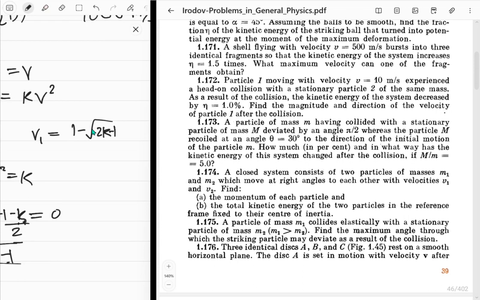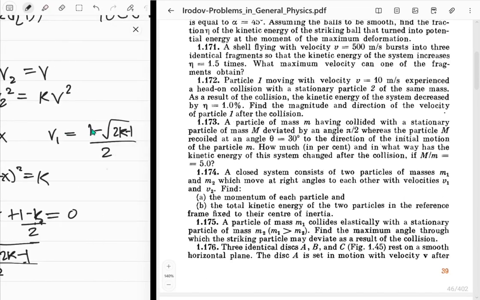It's got some momentum imparted on it in the opposite direction, so how can it be more than 1? Because clearly 1 plus the square root of 2k minus 1 would be a really big quantity, so that doesn't make any sense. This is how it should be: 1 minus the square root of 2k minus 1, upon 2. Magnitude wise, it's going to be the square root of 2k minus 1, minus 1, upon 2. You get the idea.